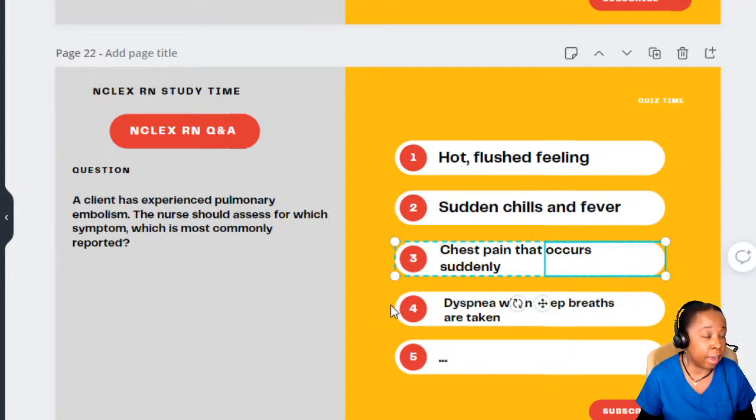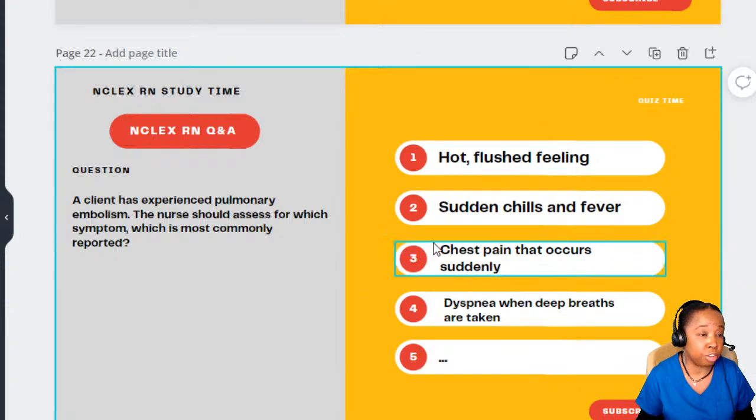So with a patient that has a pulmonary embolism, when the nurse makes an assessment for that patient, this is the symptom the nurse will find. This is a common symptom, meaning in every patient that has pulmonary embolism, the nurse will find that kind of problem. Sudden chest pain, remember that word, sudden.